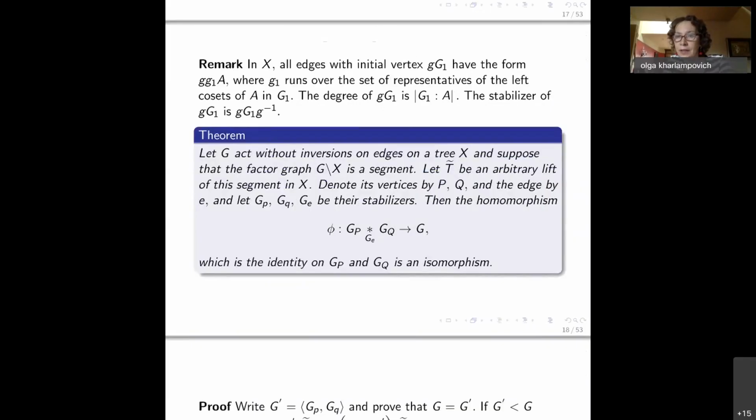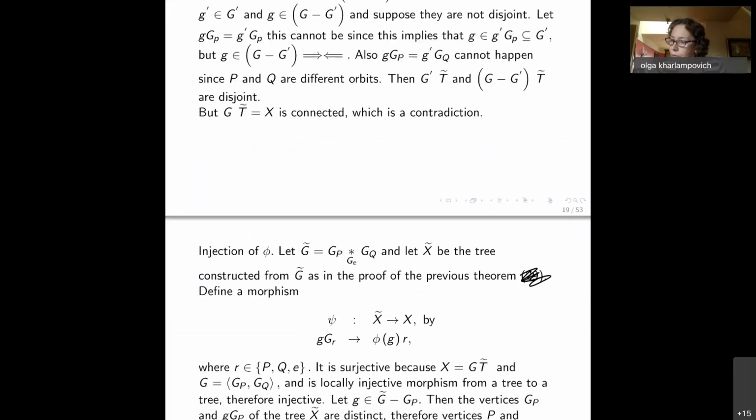We can lift this segment to the tree, and so then our group is an amalgamated product of the stabilizers of the vertices of the lift of the segment. So that's, probably, I'll skip the proof for now.